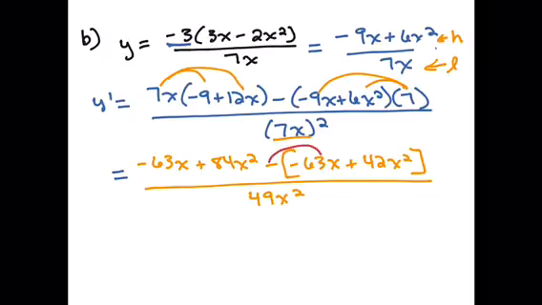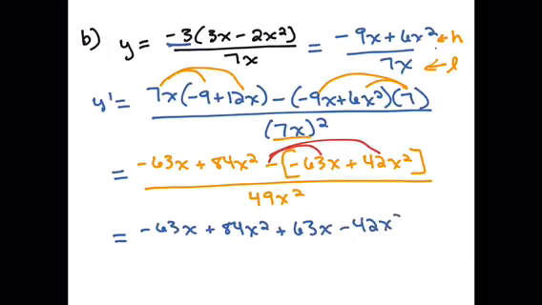Now I'm going to distribute the subtraction here, and I end up with negative 63x plus 84x squared plus 63x minus 42x squared all over 49x squared. And I see negative 63x plus 63x will go to 0.